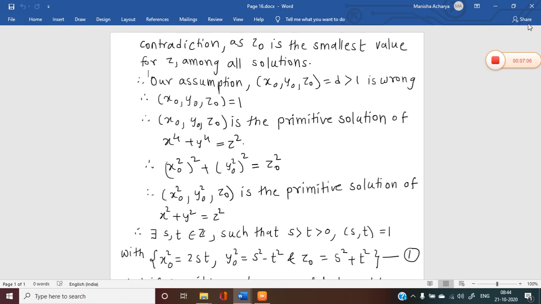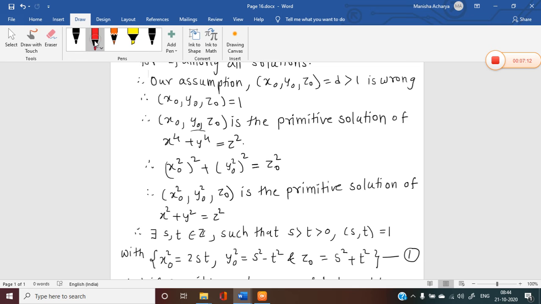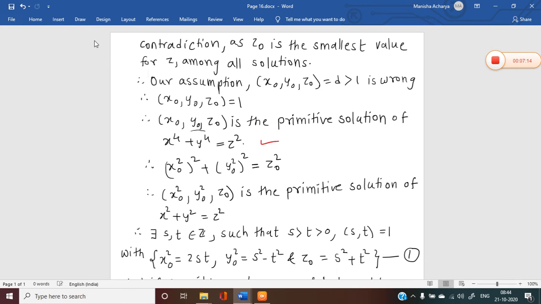So this is the part. Therefore x0, y0, z0 is a primitive solution of x raised to 4 plus y raised to 4 equal to z square. Now with the solution x0, y0, z0 we can write it in this fashion.